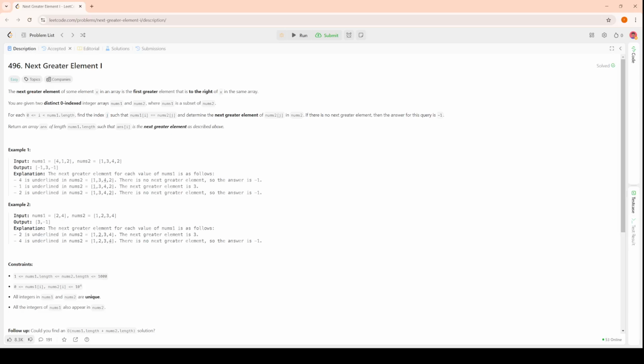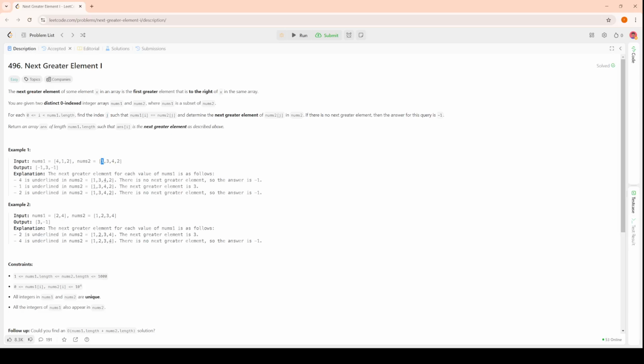Because in this case, let's say a 2 would match to a 2, and then what's the next largest? What about a 4? There's no next largest.